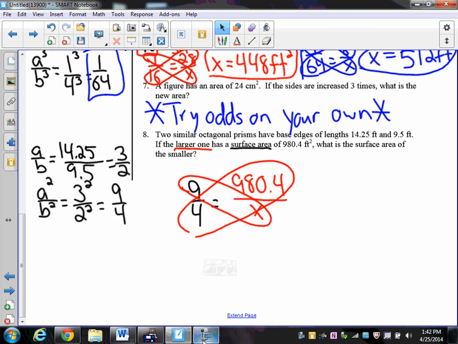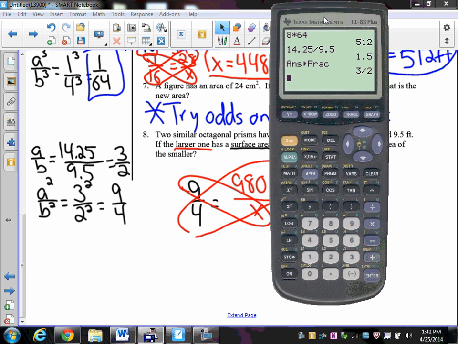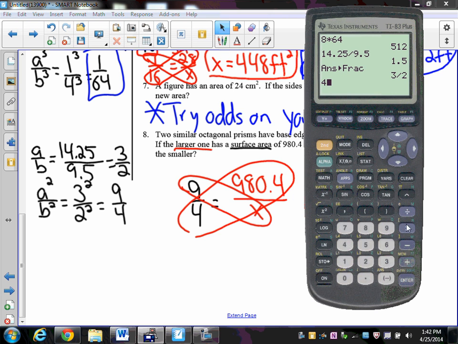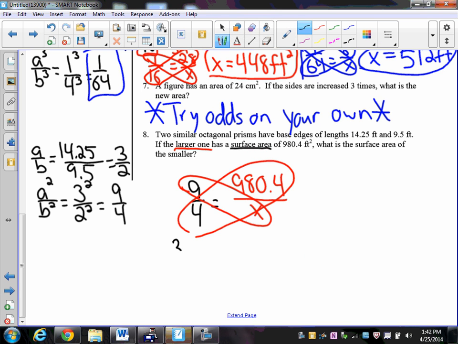So then we just cross multiply it. And we get 4 times 980.4. So we get 3921.6 is equal to 9x. Divide both sides by 9.